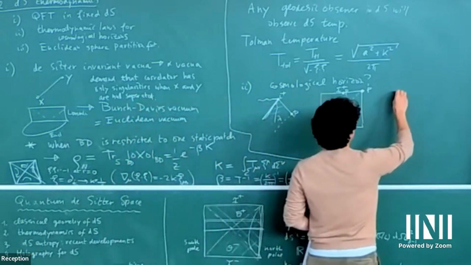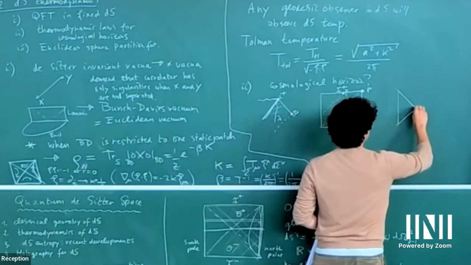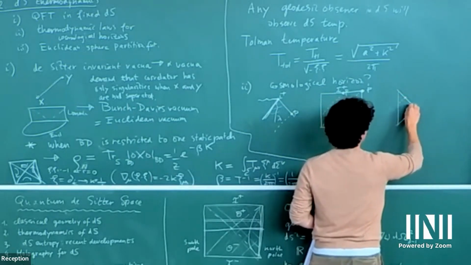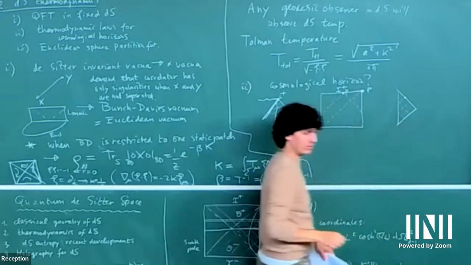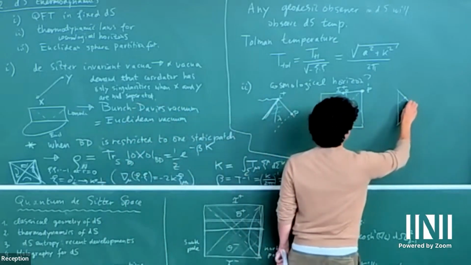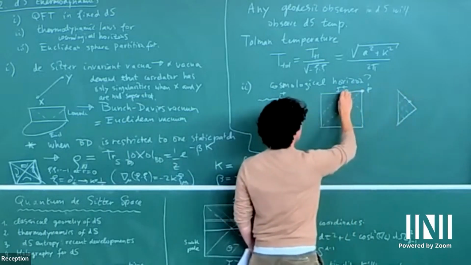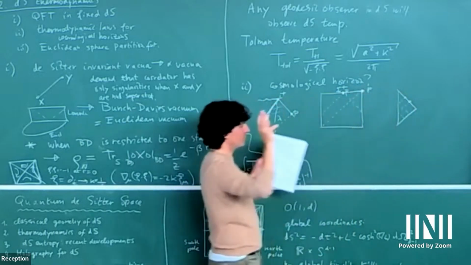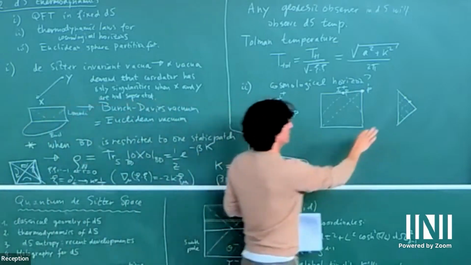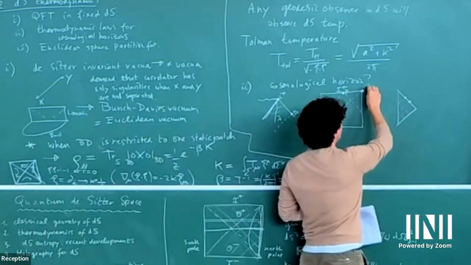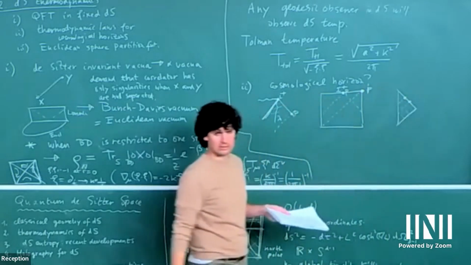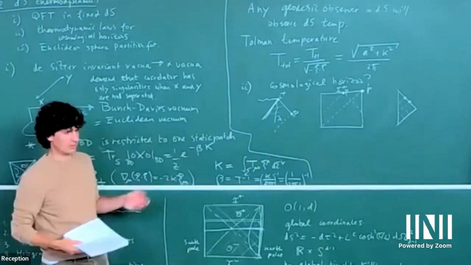Now, let me give one other example. In Minkowski space, you can pick any point and make a Rindler wedge in this way. So the fact that the cosmological event horizon is observer dependent is just the fact that it depends on this P, but the same applies to any causal phenomenon.